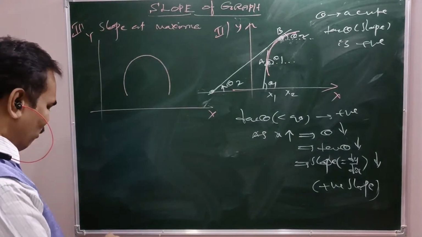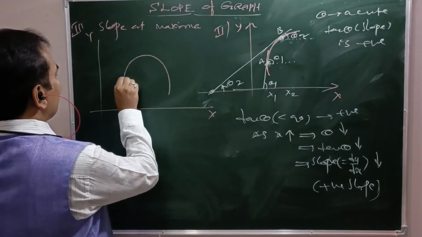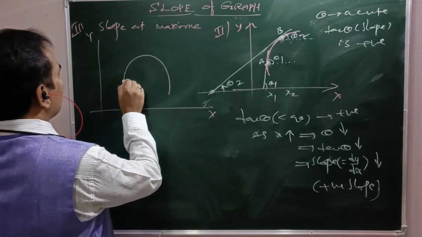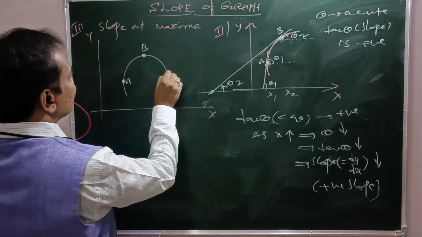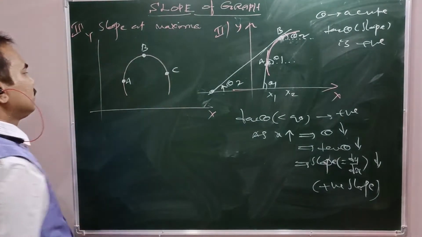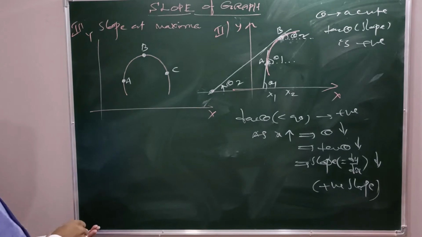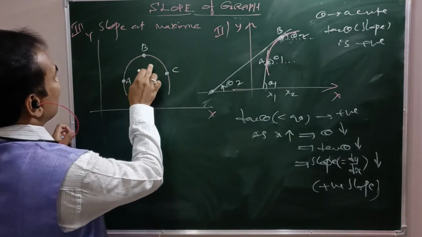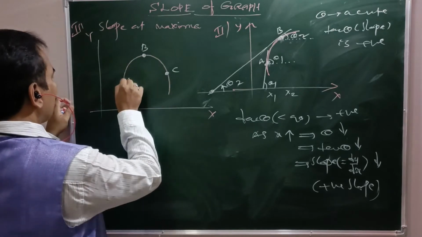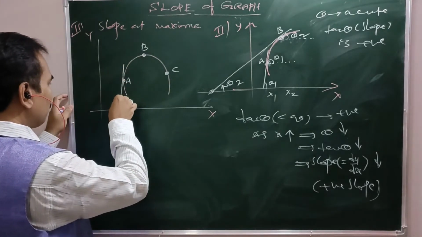I am taking three more points on the curve: point A, point B, point C. Now, I am drawing tangents to the curve at point A, point B, and point C. Suppose this is the tangent drawn at point A to the curve.